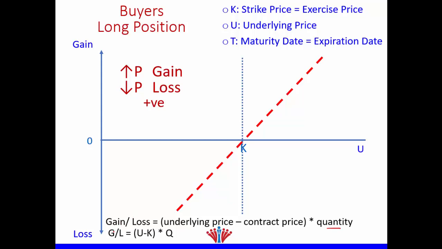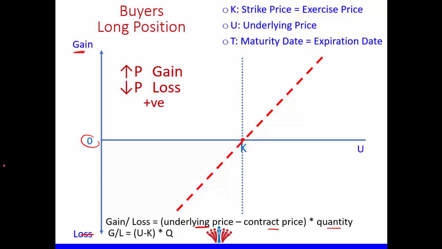Therefore, our formula for gain or loss is U minus K. U refers to the underlying price, which is the price prevailing in the market in the future, and K refers to the contract price, the price we agreed upon in the contract, or the exercise price or strike price. If the underlying price is equal to the contract price, we don't make a gain or loss. Therefore, this will be our point here. Here we have gain, here we have loss, so it will be 0 here.